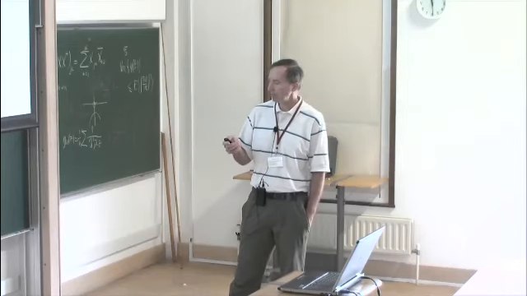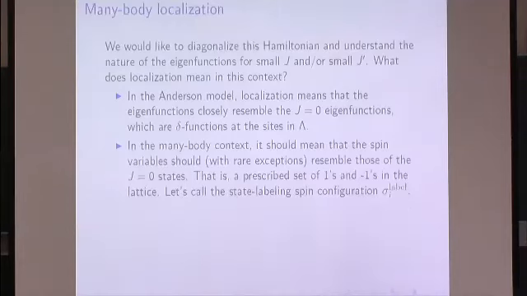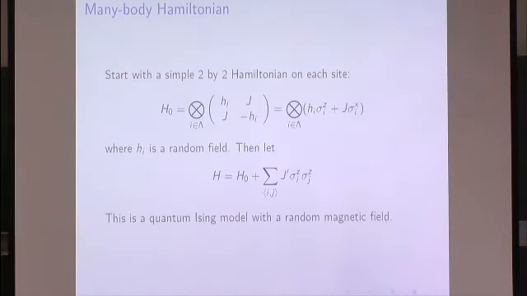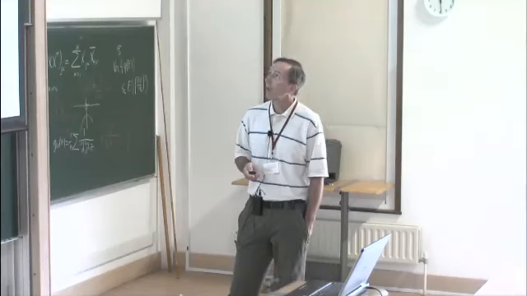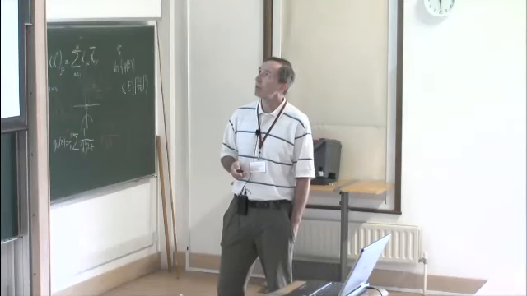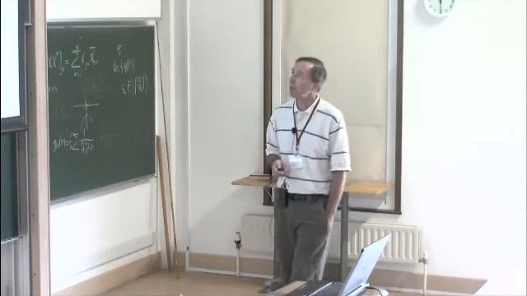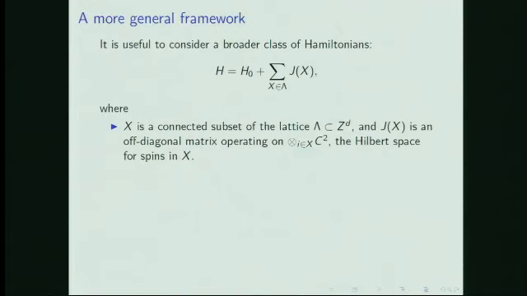If you look at the Hamiltonian that I wrote down to begin with, we have H0, which is diagonal if you change basis site by site, and then you have this j prime term, which is off diagonal. It connects nearest neighbors in the lattice. But the point is that when we're going through this inductive procedure, we're going to be generating longer and longer range interactions. So it is useful to have this from the beginning.